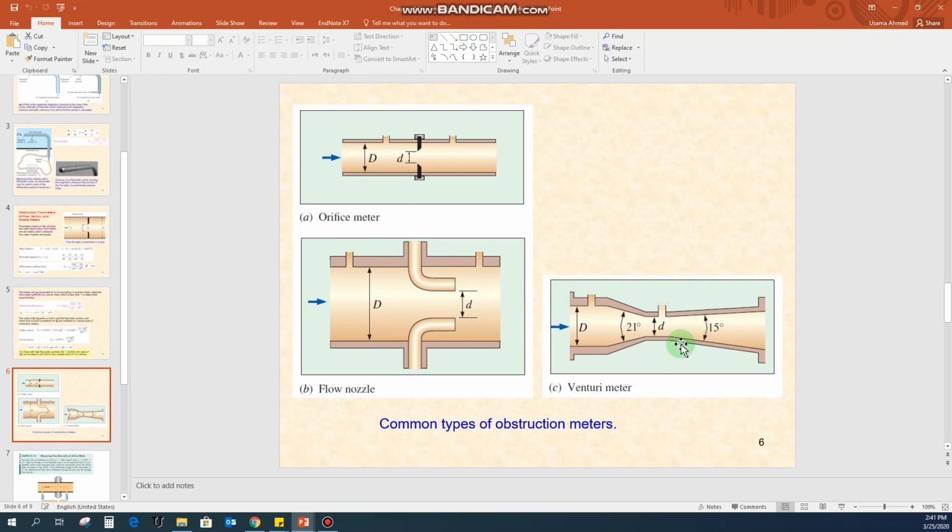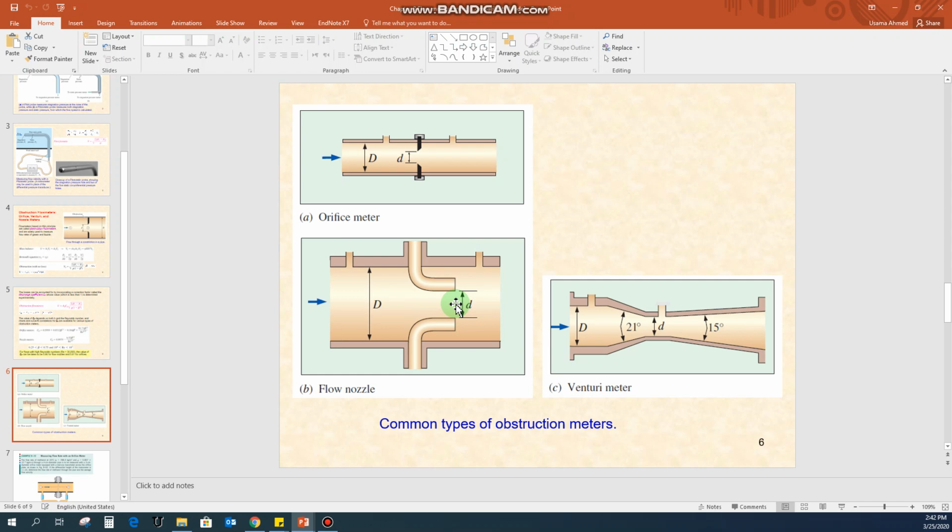Now the third one, which is a venturi meter, what we can see here, there is a gradual reduction in the area of the flow, and then there is a gradual expansion of the flow, right? So the area is reducing here and then it is expanding here. So what we see here in this venturi meter, there will be very less value for the pressure drop compared to orifice meter and the flow nozzle.